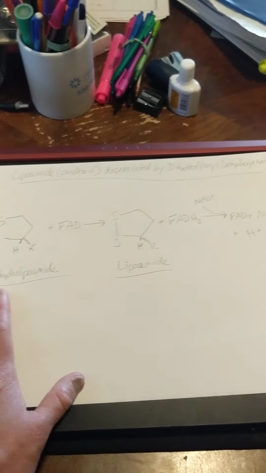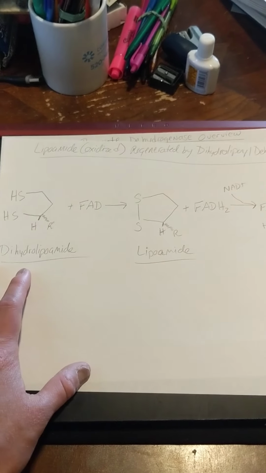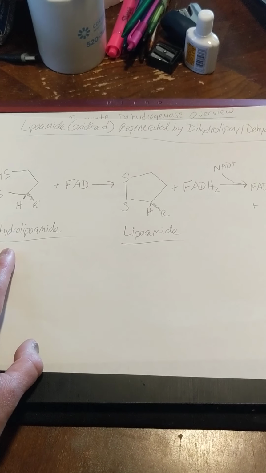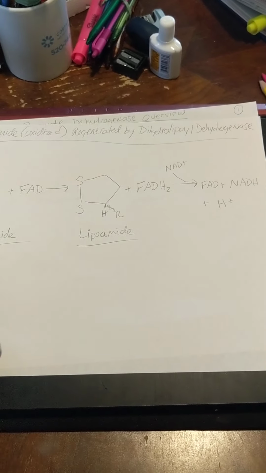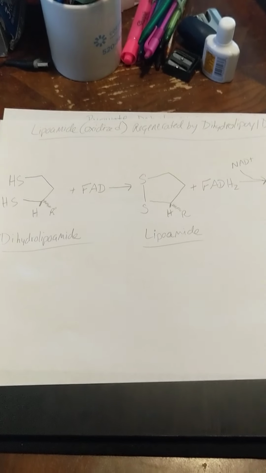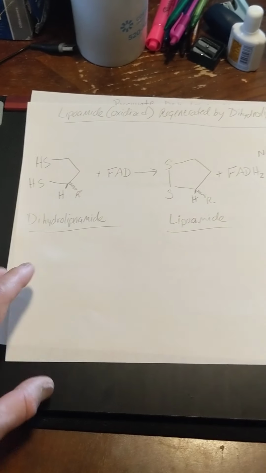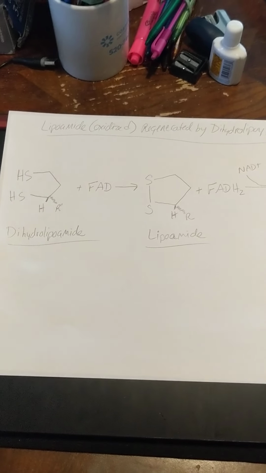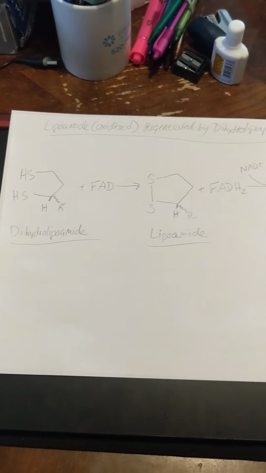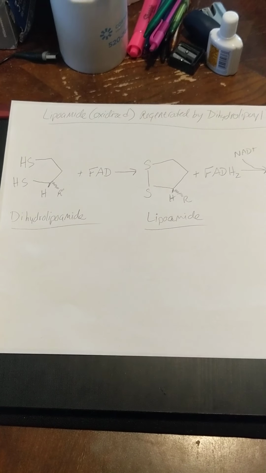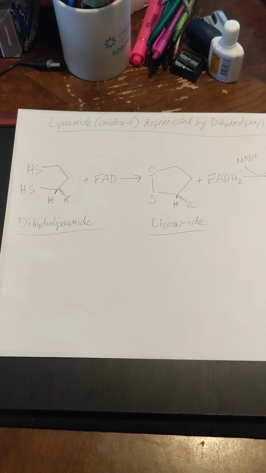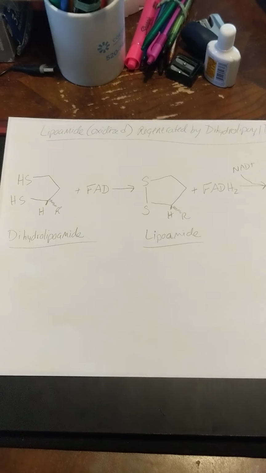And this step involves the oxidized version of lipoamide being regenerated by dehydrolipoyl dehydrogenase. And so this allows the whole cycle to start over and redo itself. So in this last step, the oxidized form of lipoamide is regenerated by dehydrolipoyl dehydrogenase, E3.